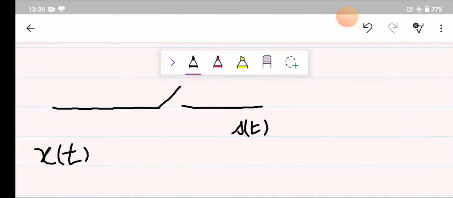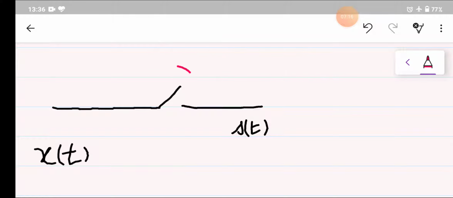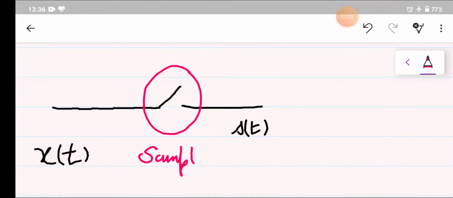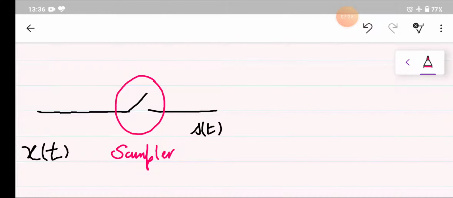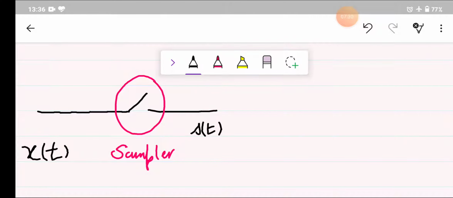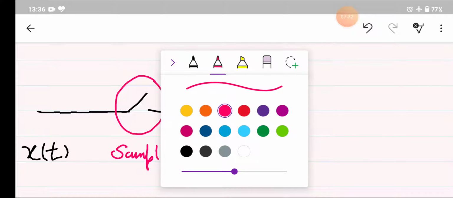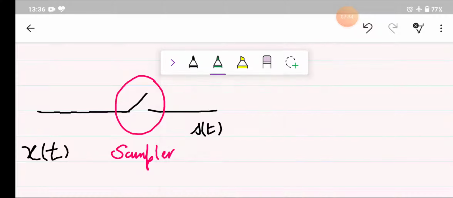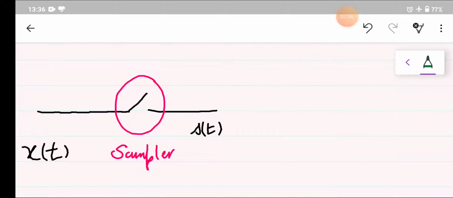Here I am writing sampler. Now the signal is passed through a zero order hold, which holds the value for some time until the next sample comes.